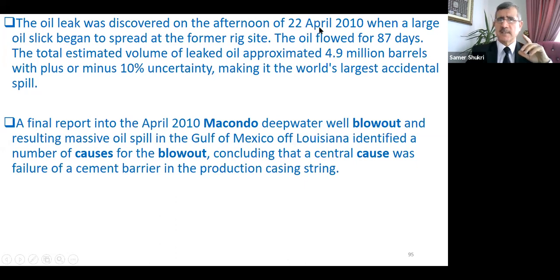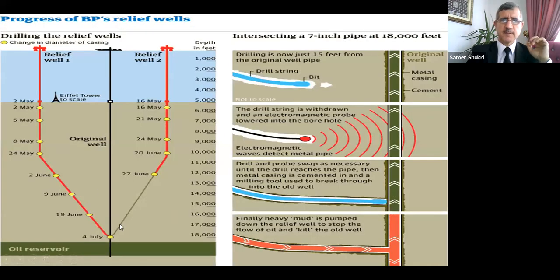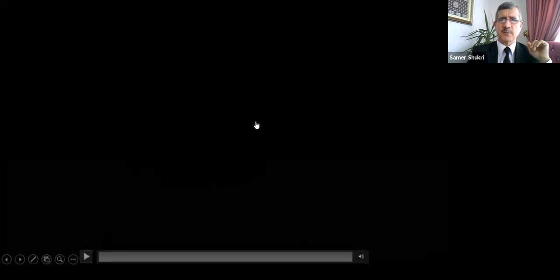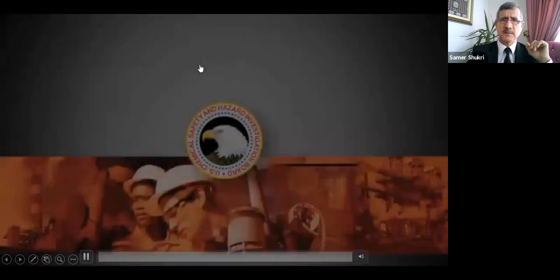We prayed for the 11 people who were killed in this incident, and many were injured. This happened in 2010, 11 years ago. They drilled 2 relief wells and secured the well. Here we can pass it.